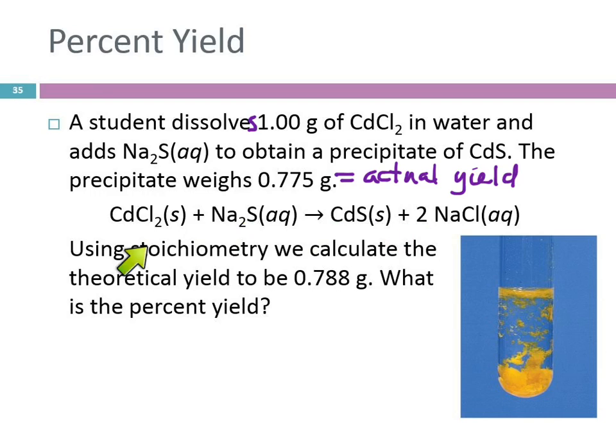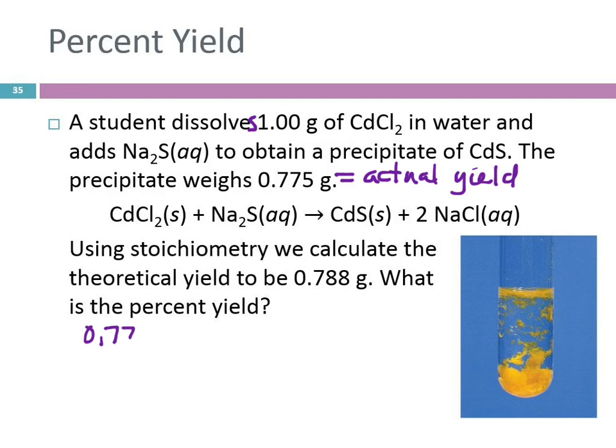Here's the chemical equation. Using stoichiometry, we calculate the theoretical yield to be 0.788 grams. So even if it didn't say theoretical, the fact that we calculate this tells us this is the theoretical yield. The question says, what's the percent yield? We take the actual, divide by the theoretical, and multiply by 100.